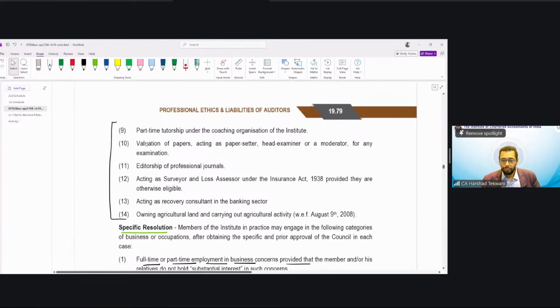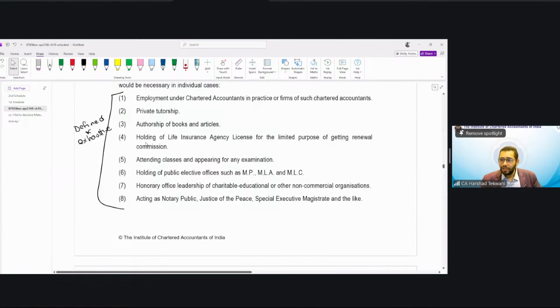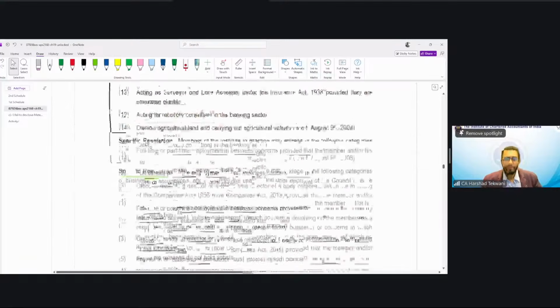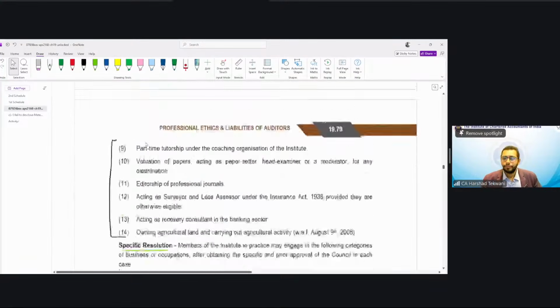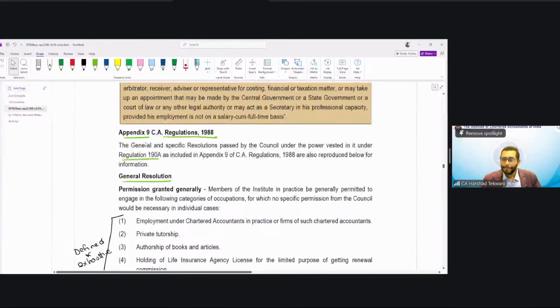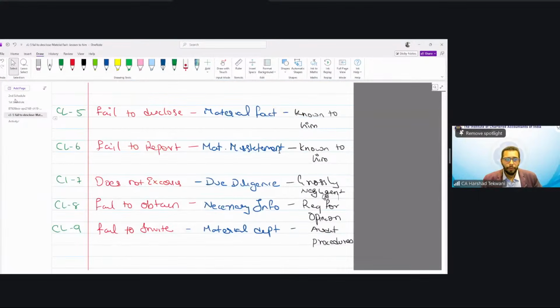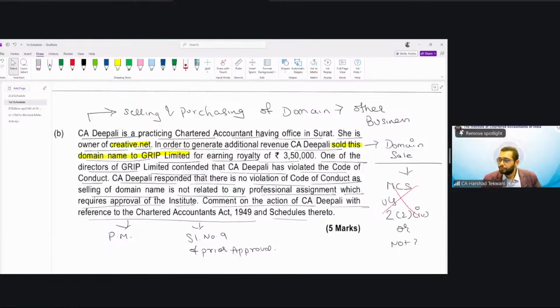There are 14 points, and in the new code there will be more. Those are the only points which are applicable in the general permission. You cannot add further points on your own under general permission saying that, okay, it's similar to this. No. Unless it matches any of these, you cannot assume it's general permission. It will go to the specific area. Clear? Any doubt?